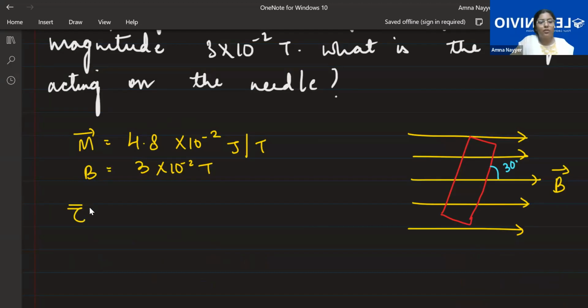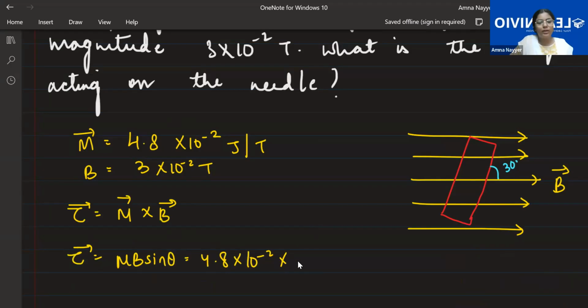So torque formula is M cross B, equal to MB sine theta. This will be equal to 4.8 into 10 to the power minus 2 into 3 into 10 to the power minus 2 into sine 30 degrees, that is half.